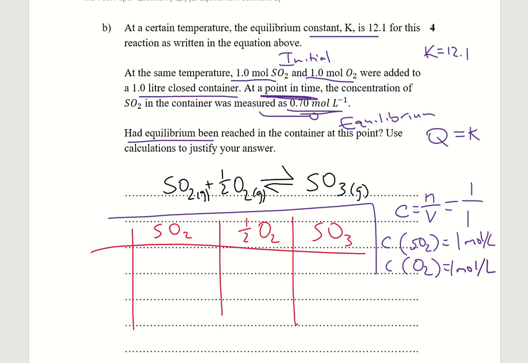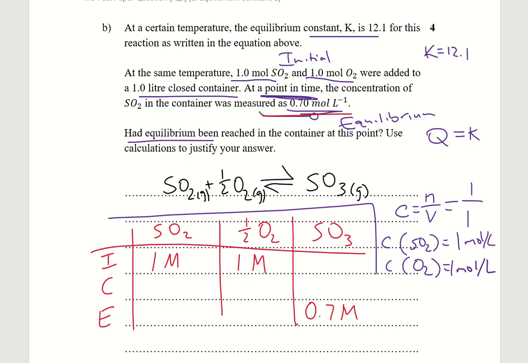Okay, so just write down what we have. The initial concentration was 1 mole there and 1 mole there. We find that at the end of this, the end concentration for sulfur trioxide is 0.7 molarity.